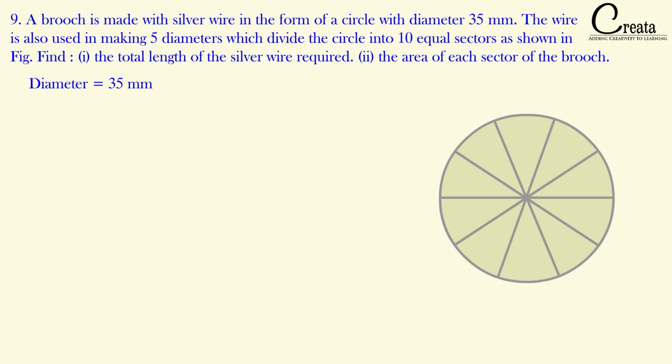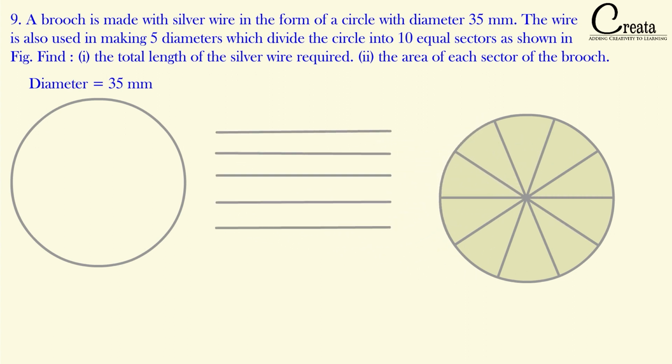So let's take down the first part in which we have to calculate the length of the silver wire. So the silver wire is used in the outer perimeter of the circle, that is the circumference, and this silver wire is used in the 5 diameters. So if we calculate the circumference or the perimeter of the circle and the length of the 5 diameters, then we can calculate the total length of the silver wire used.